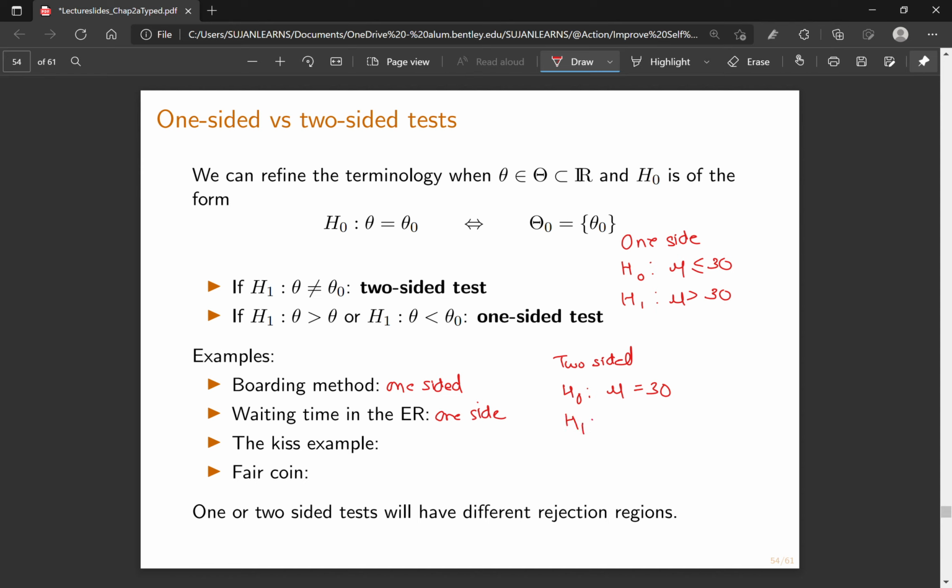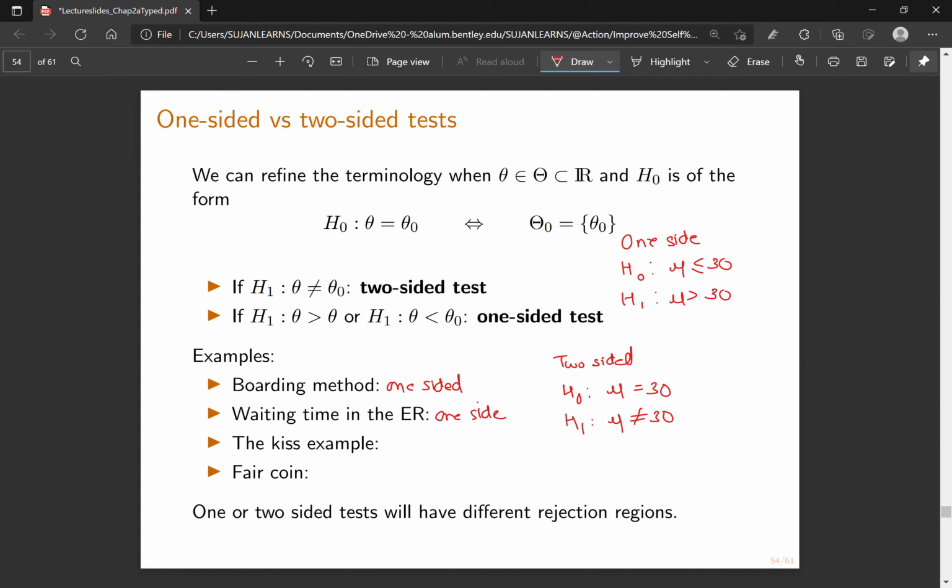The alternate hypothesis would be mean is not equal to 30. Here the question would be, is Plainsboro Hospital truly different from the national average? That's the question we are trying to answer.